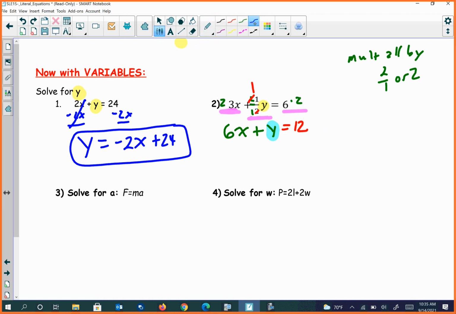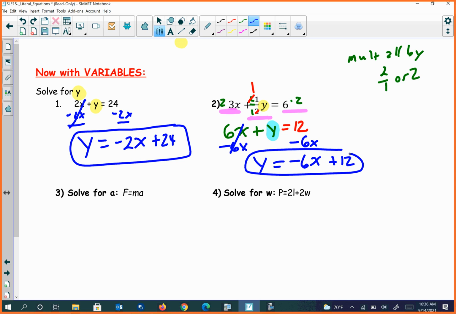It's a positive 6x, so the opposite of that is going to be a minus 6x. So those cancel, so I get y equals negative 6x. Is that a positive or a negative 12? Positive. Done. Let's stop right there.